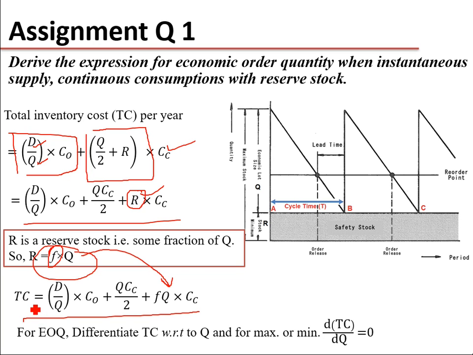Whenever we calculate the Q value from the total cost, we differentiate dC upon dQ and equate it to 0. So we can calculate the optimum number of units to place in an order.